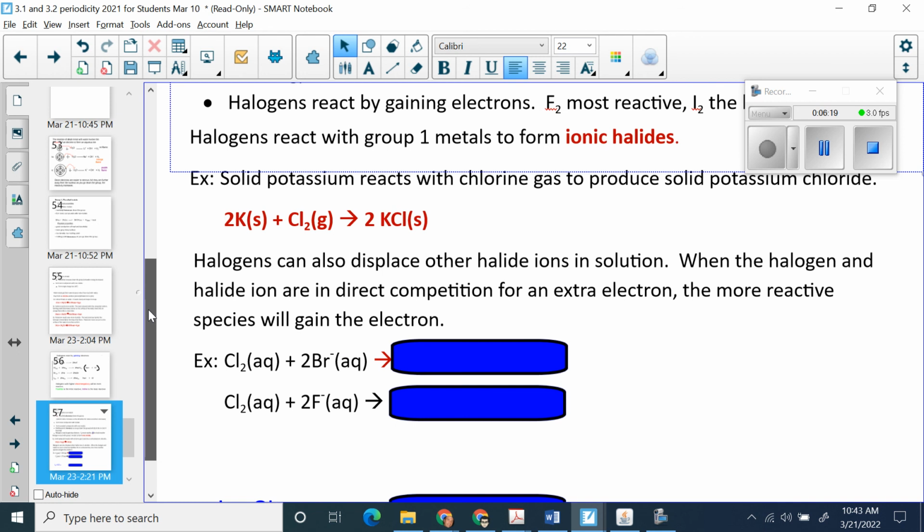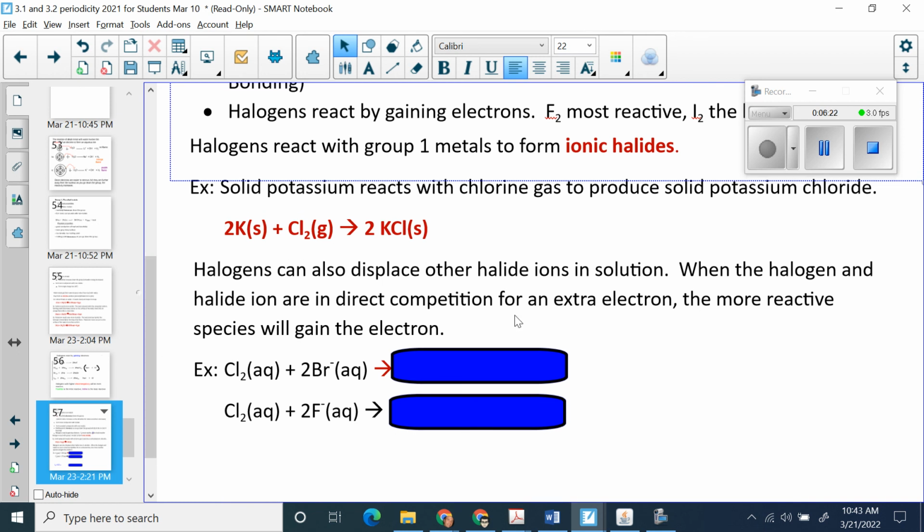Okay, so this can be a little bit tricky. This idea of halogens displacing other halogens. So if you have chlorine gas and you bubble that through water, you actually get these diatomic chlorine aqueous ions.